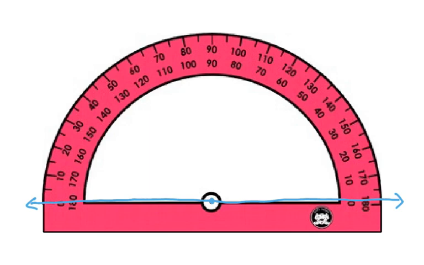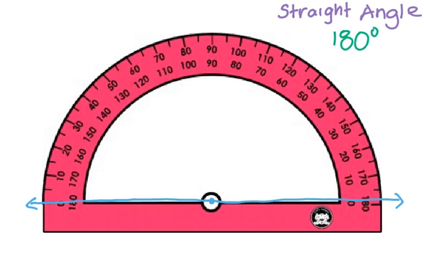So here's our endpoint. This is actually considered to be what we called, if you remember from Monday, a straight angle. And straight angles, their measurement is 180 degrees. So this is actually what we would consider to be a straight angle.